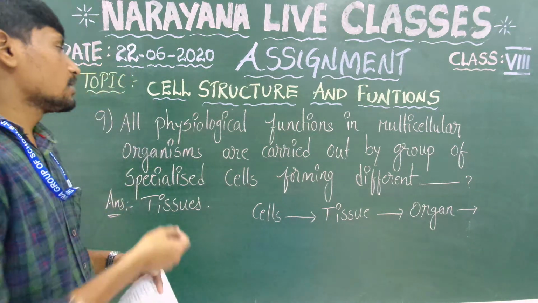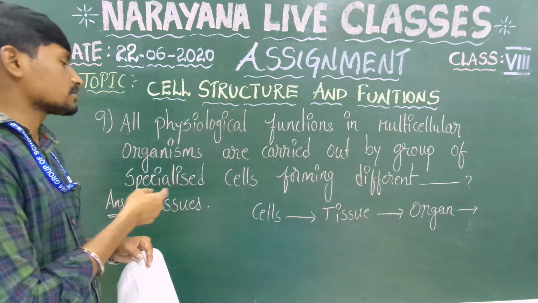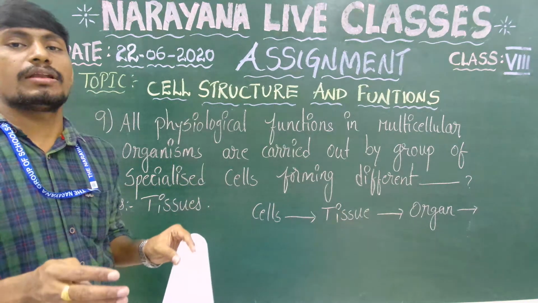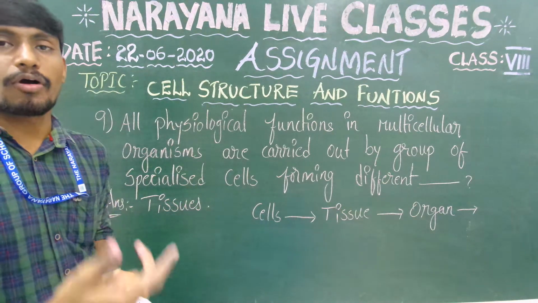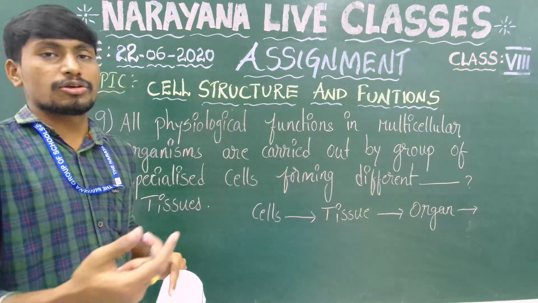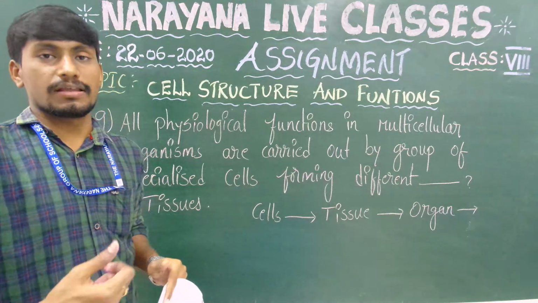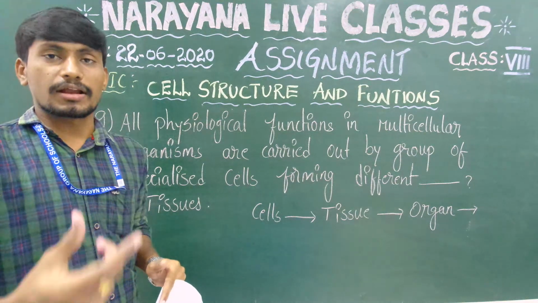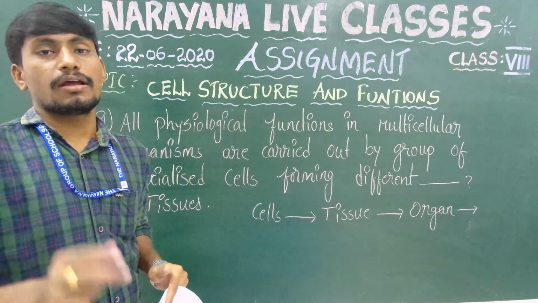The physiological functions in multicellular organisms are carried out by groups of specialized cells forming different tissues. Those cells which have a common origin and a common function gather together, and we call it a tissue. For example, the tissue in the digestive system acts for digestion, and the tissue in the heart helps in pumping blood and circulation. Tissues differ based on their origin and functions.